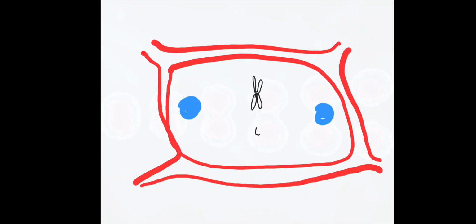I'll write the chromosome to which the kinetochore is present. The kinetochore is present at the centromere, and the microtubule which forms a connection with the kinetochore is known as KMT, kinetochore microtubule.